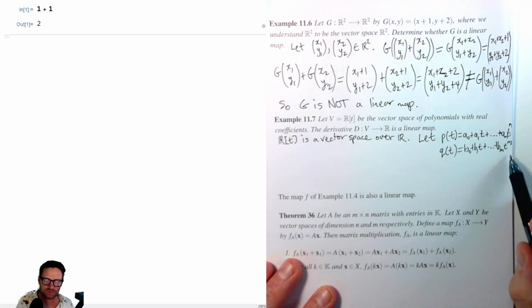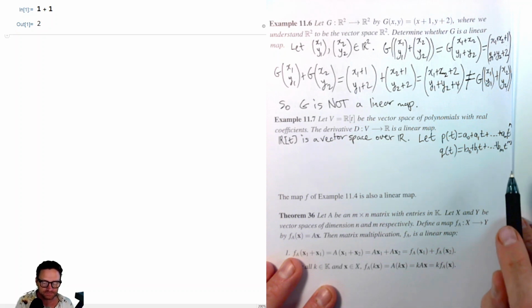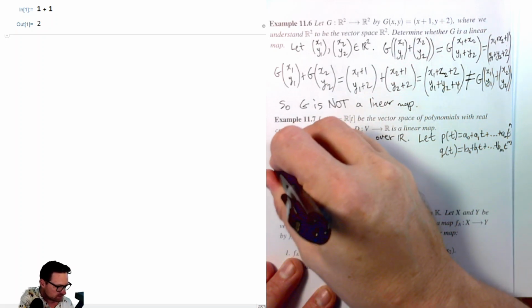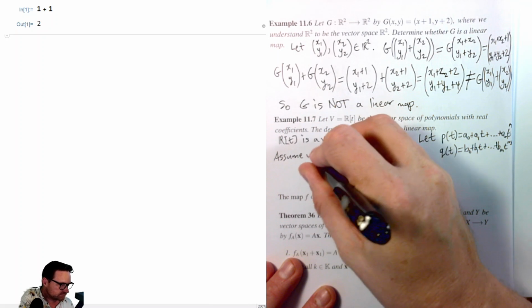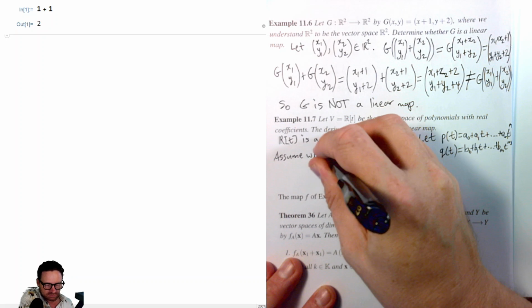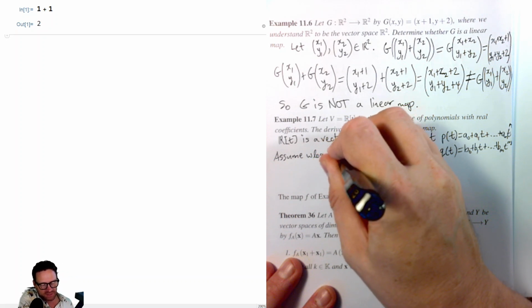Okay, I'm not assuming that these have the same degree here. Now let's assume, without any loss of generality, that n is greater or equal to m.